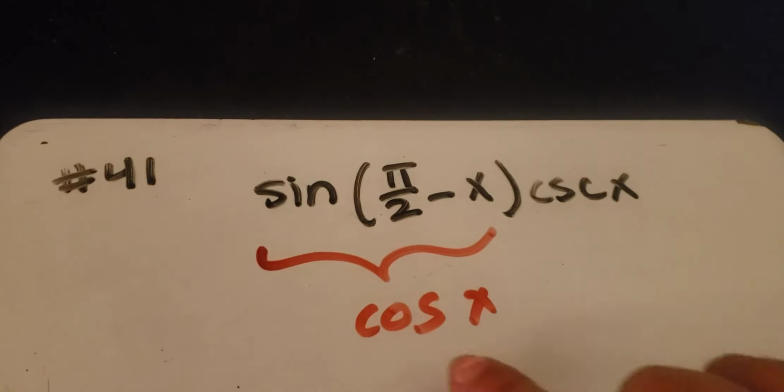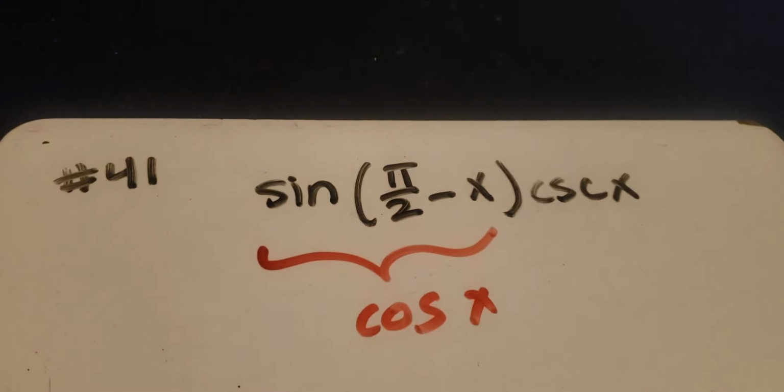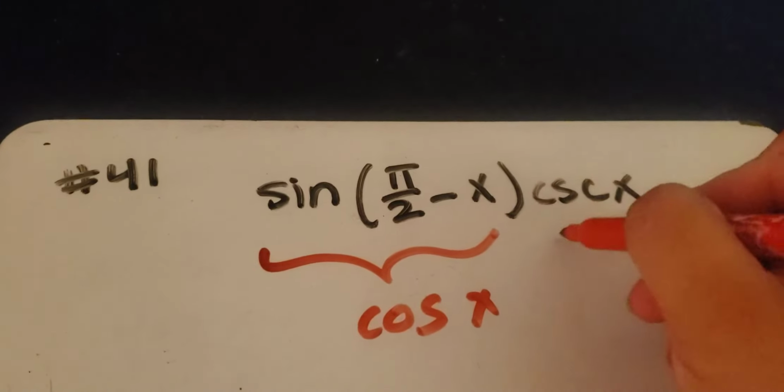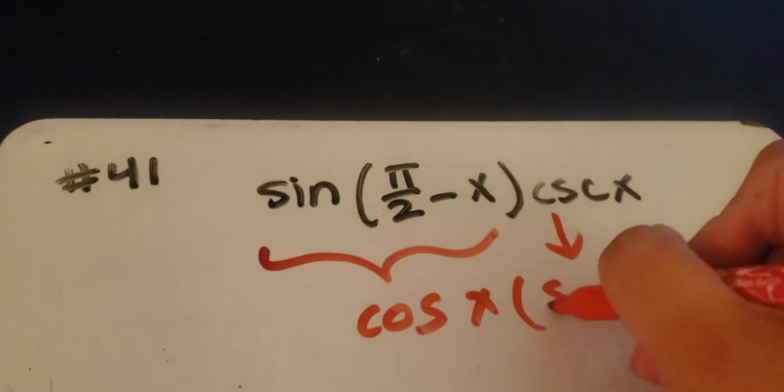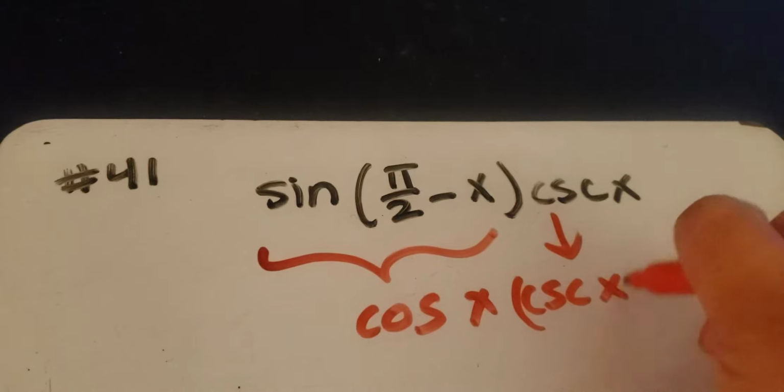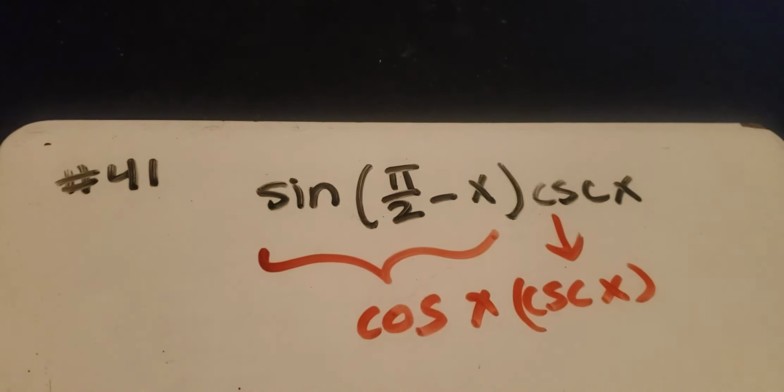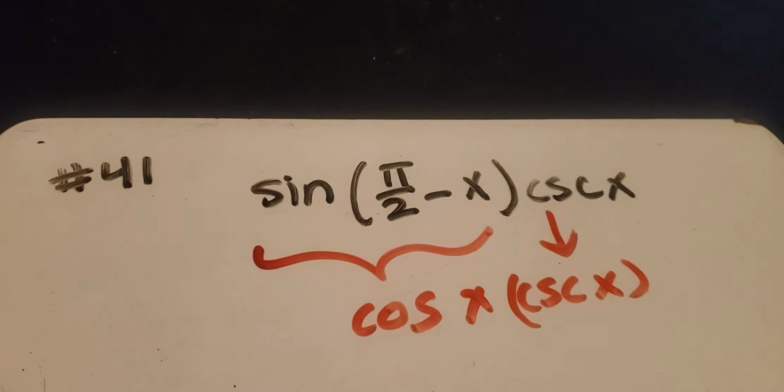Then I have cosine and cosecant. If I bring down the cosecant, I'm thinking, what can I do with this? Cosecant is actually the reciprocal of sine of x.